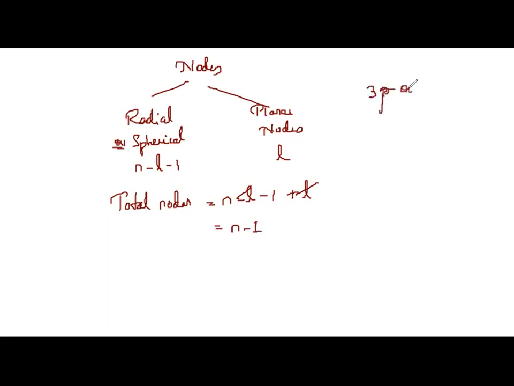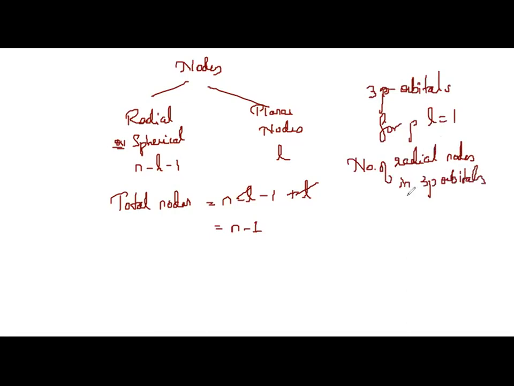So they have given 3p orbital, and they have asked us the number of spherical nodes. For p, L is equal to 1. So number of spherical, or you can say radial nodes in 3p orbitals is n minus L minus 1, 3 minus 1 minus 1. So the answer is 1. So there is one spherical node.